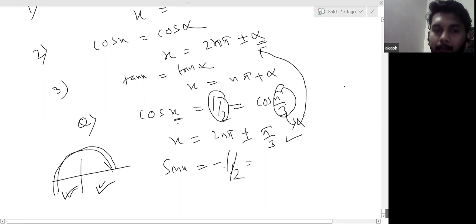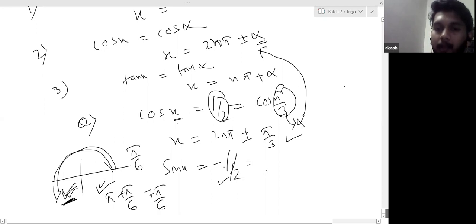If you move from here, then in the third quadrant you will meet minus half for the first time. So that will be alpha. How to find it? Remember that sine is half at pi by 6. In the third quadrant, it is negative for the first time, so pi plus theta, pi plus pi by 6, so 7 pi by 6. So alpha will be 7 pi by 6. Is this clear?